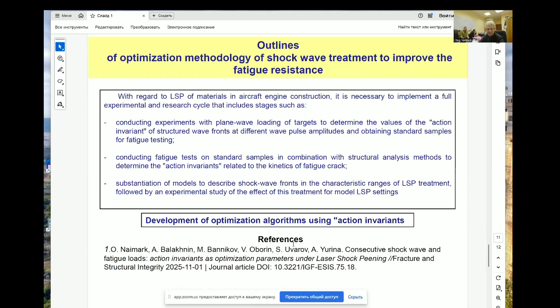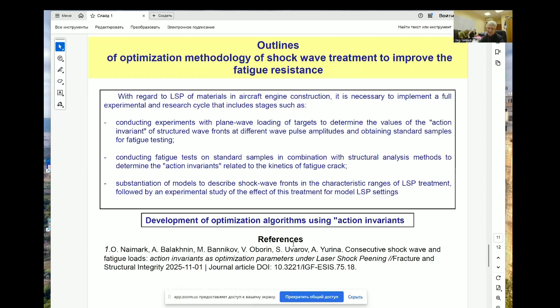Conducting fatigue tests on standard samples in combination with structural analysis methods to determine the action invariant related to the kinetics of fatigue cracks. Substantiation of models to describe shockwave runs in the characteristic ranges of LSP treatments, followed by an experimental study of the effect of this treatment for a model LSP setting. And development of an optimization algorithm using action invariants.